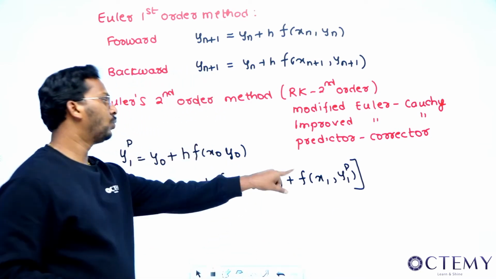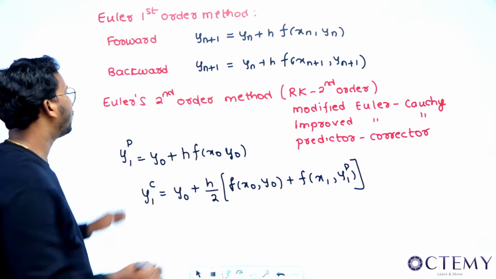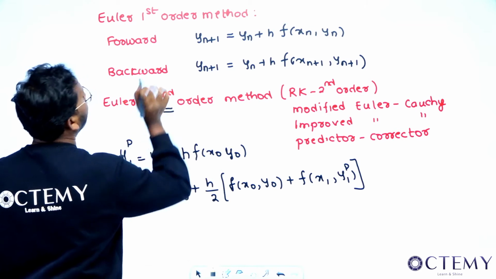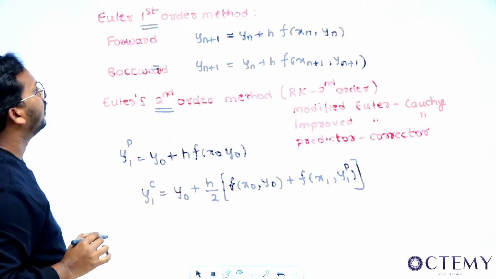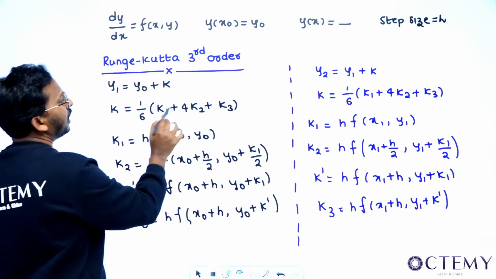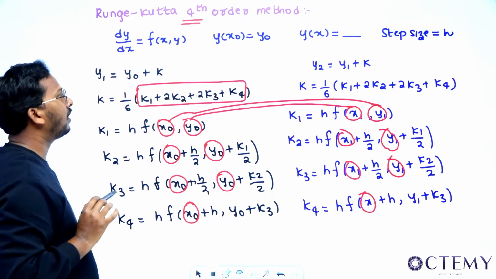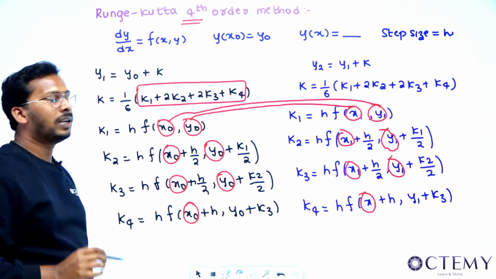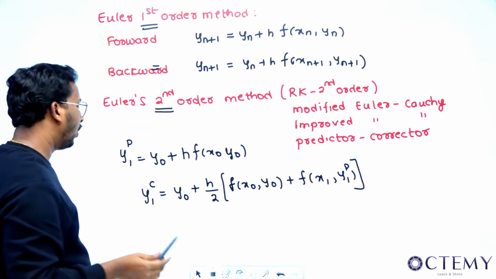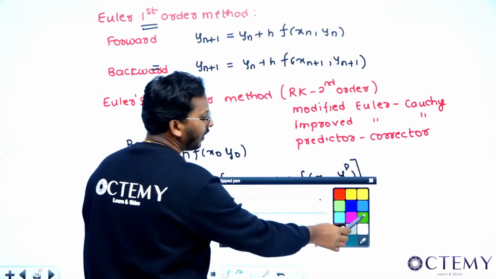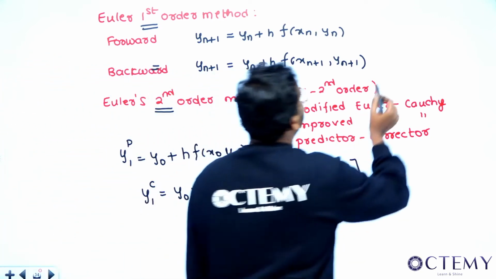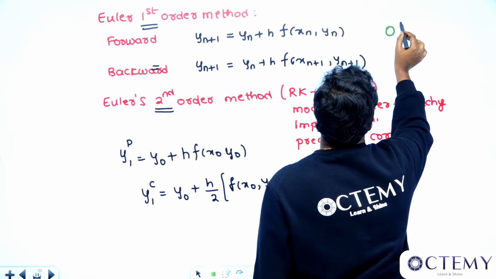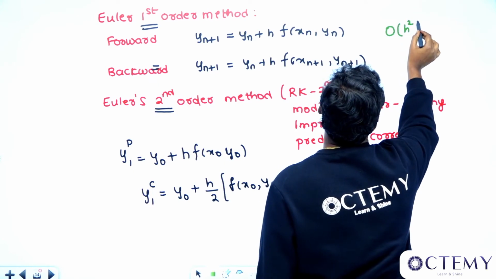Now since this has two terms, that's why it is called second order. It has only one term, so it is called first order, right? Here this has three terms, k1, k2, k3, so it is called third order. It has four terms, so it is called fourth order, right? Now they will ask you the truncation error also. So the truncation error here will be of order h square, right?